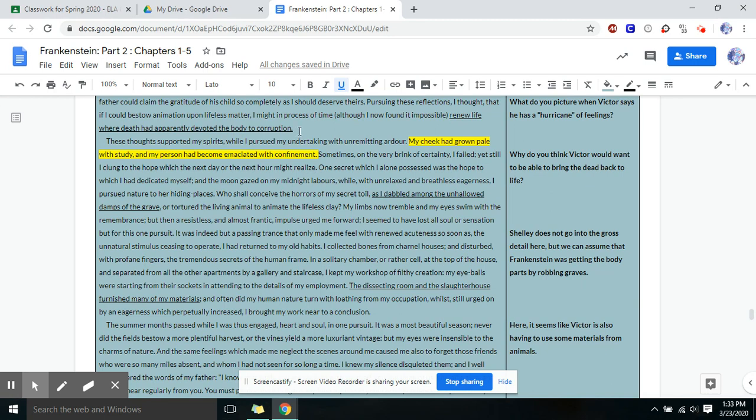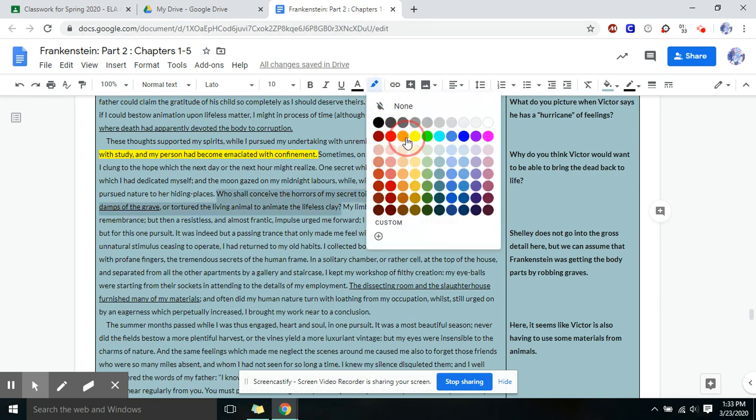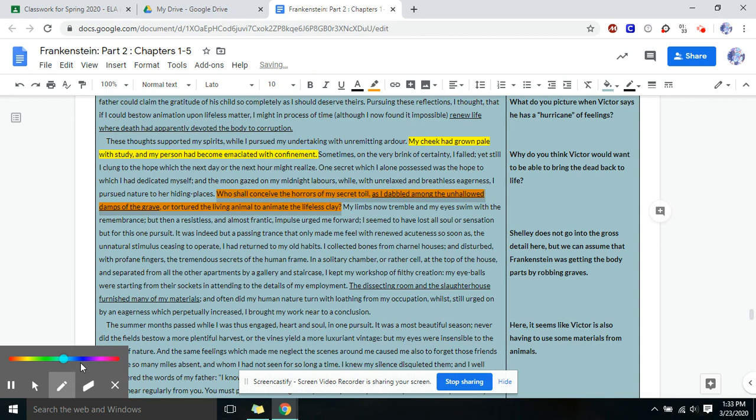"Okay, as I dabbled among the unhallowed damps of the grave, or tortured the living animal to create the lifeless clay." Now, this is what we know here. Victor Frankenstein is at this point robbing graves.